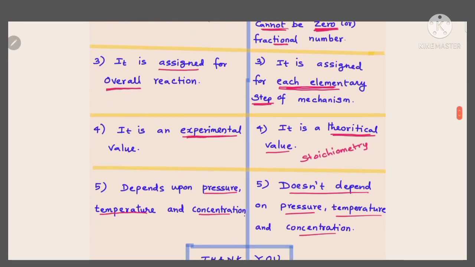Order is an experimental quantity, molecularity is theoretical. Only by doing experiments with different concentrations of reactants can we find out the order. But molecularity is a theoretical value, which means just from the stoichiometric equation we are able to find it.